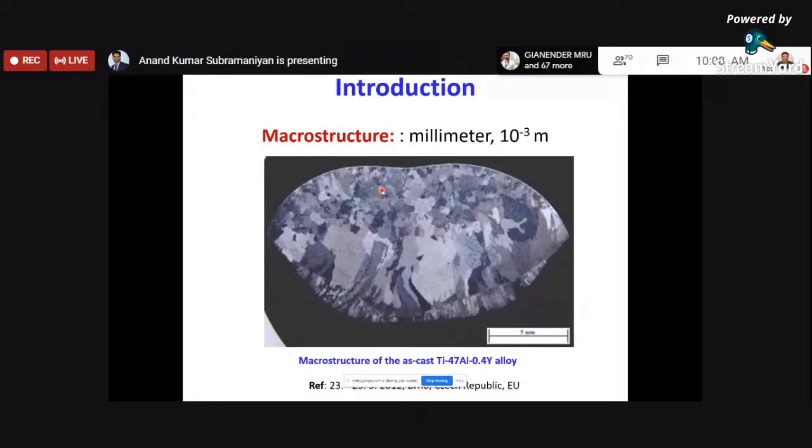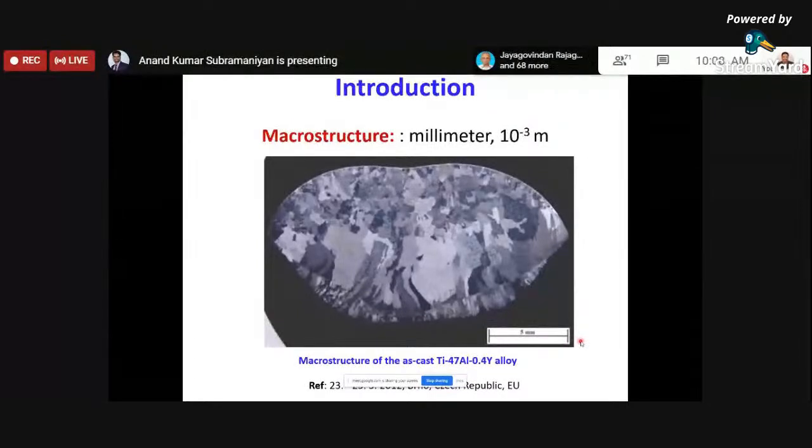So the takeaway is that in a macro structure, typically we get an idea of how the features in that particular material are arranged, and what the pattern is. One has to focus on this particular scale, which is in terms of millimeter, right?